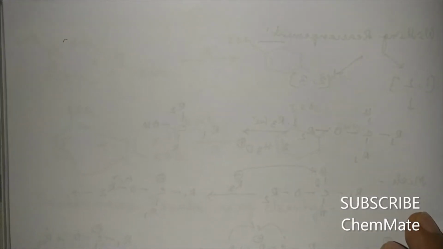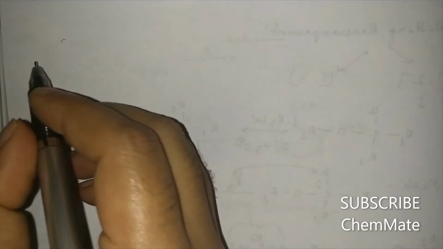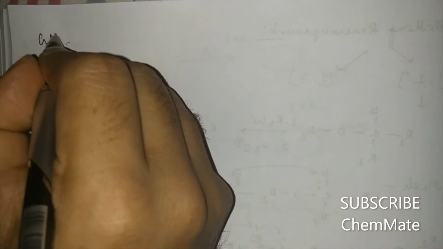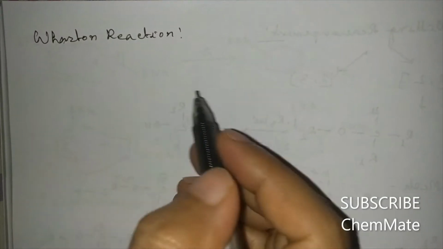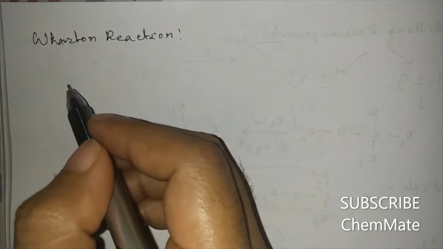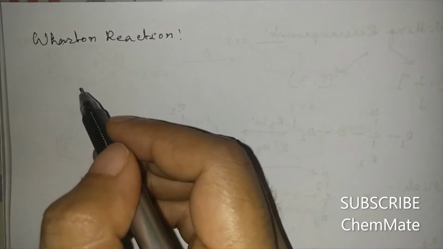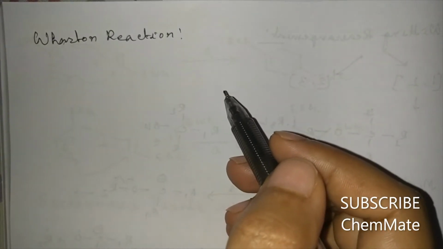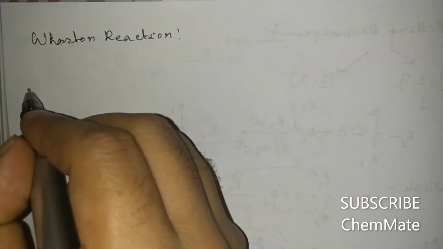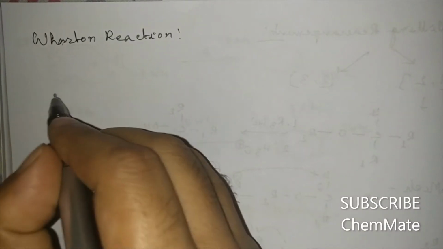Today in this video I am going to discuss one important name reaction called the Wharton reaction. In this reaction, an alpha beta epoxy ketone is converted into an allylic alcohol. The general reaction is like this.